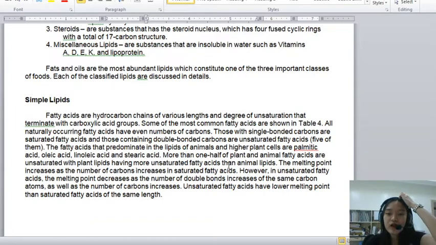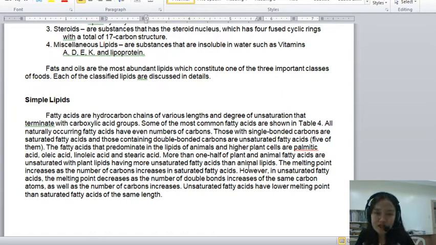So more than one half of plant and animal fatty acids are unsaturated, with plant lipids having more unsaturated fatty acids than animal lipids. The melting point increases as the number of carbons increases in saturated fatty acids.